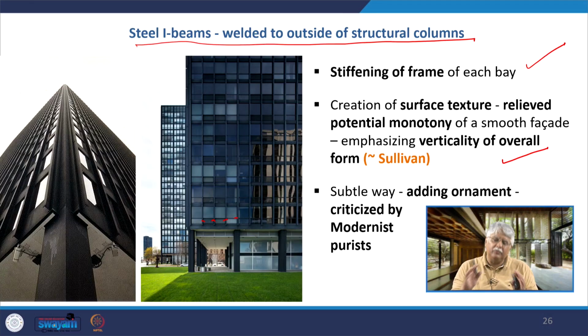It would have become a very smooth facade, but by providing these multiple I sections in between this 7-meter span, they help in relieving the monotony and they emphasize the verticality of the overall elevation. You know, the overall form, it increases the sense of verticality with these vertical lines. So in a very subtle way, Mies van der Rohe added ornament into his building, and this was in a sense criticized by modernist purists.